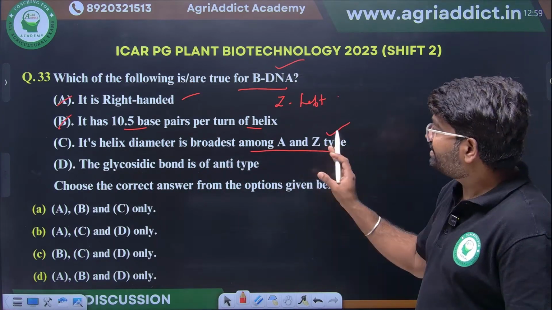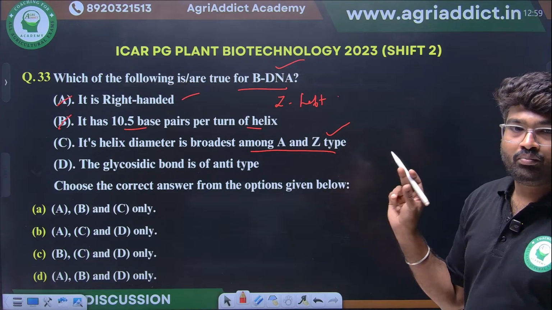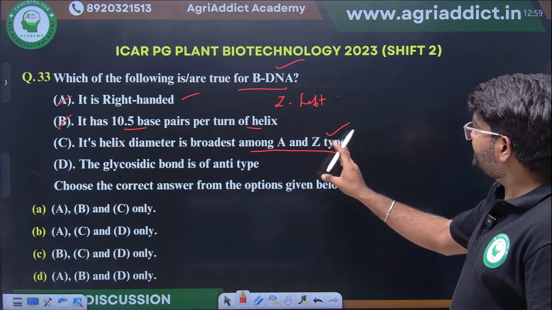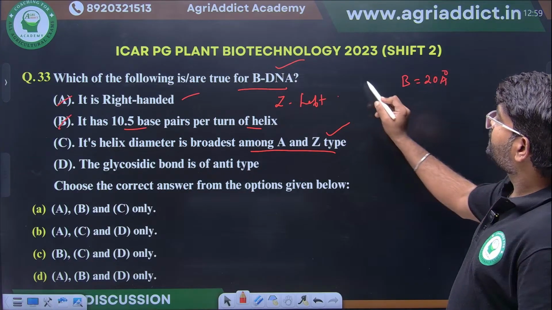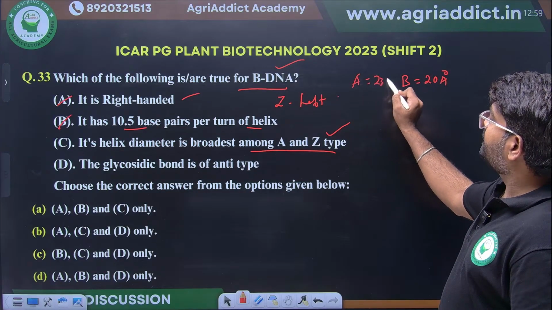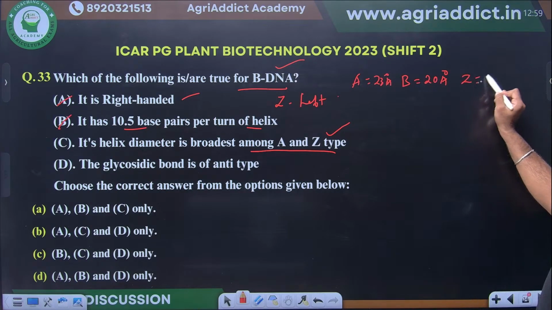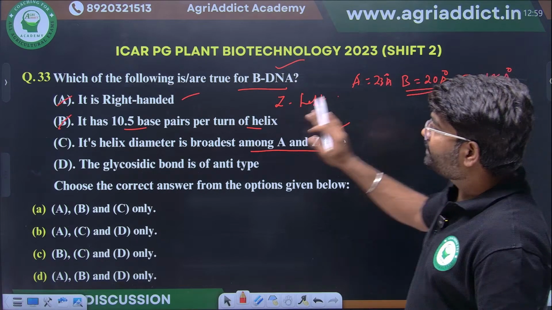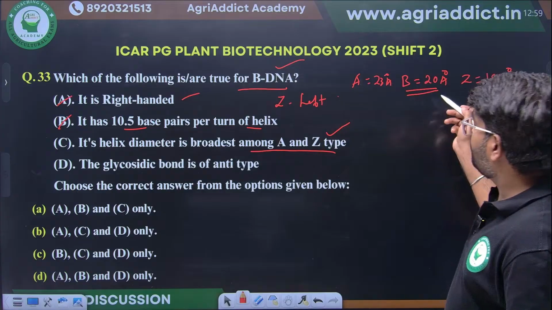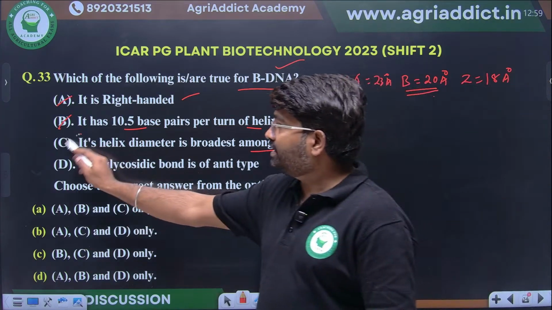They are saying the diameter of the helix will be broader than A and Z type. If you see the diameter, B-DNA will have 20 angstrom, A-DNA will have 23 angstrom, and Z-DNA will be slender, around 18 angstrom. So they are saying this will be the broadest, but no, this is not the broadest, so this will not come.